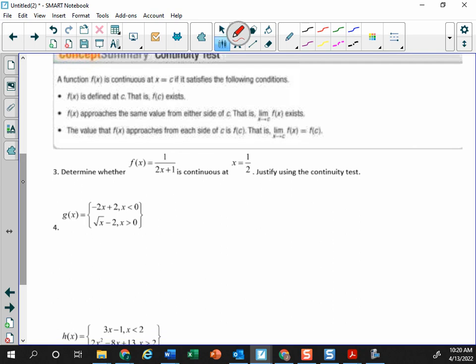So we've got our equations. We'll do number 3. Sorry, there's not a lot of room there. F of x equals 1 over 2x plus 1. We want to know, is that continuous at x equals 1/2? So first, we need to figure out what is f of 1/2. Does it even exist? Like, is there a value when I plug in 1/2?